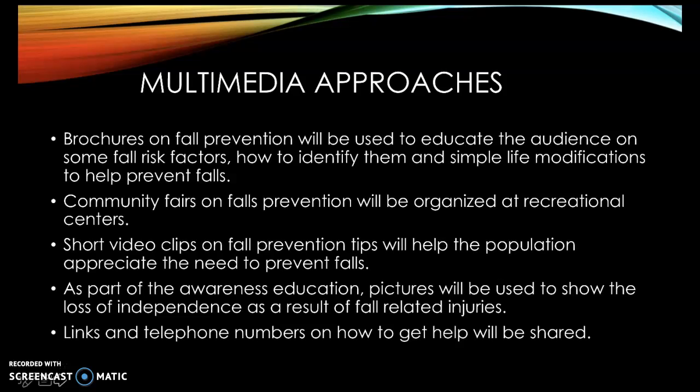For the multimedia approach, brochures on fall prevention will be used to educate the audience on some of their fall risk factors, how to identify those factors, and simple lifestyle modifications like exercises that they can conduct in the comfort of their home to help strengthen their muscles, and other practices that they can indulge in to promote their safety. Community fairs will be held on fall prevention, and short videos also can be shown to help them understand and appreciate the need to prevent falls.